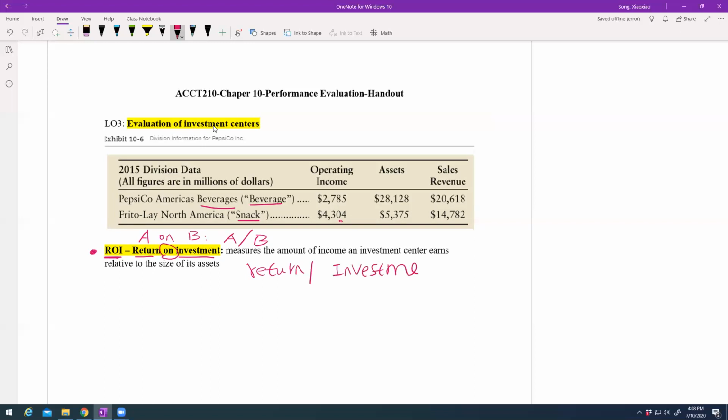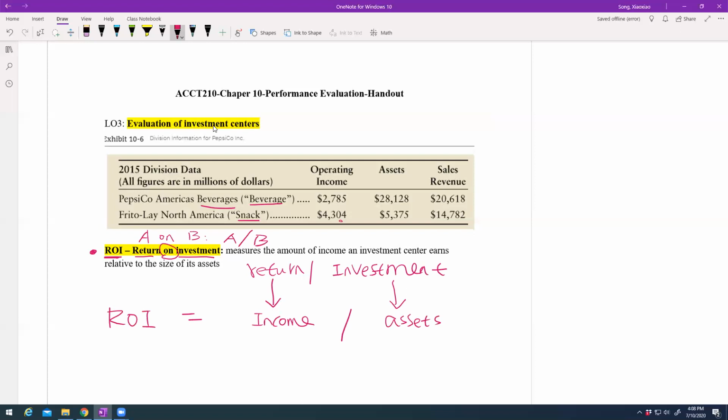If we don't see anything special, the return will be your income, and the investment will be your total assets. So ROI equals income divided by assets.